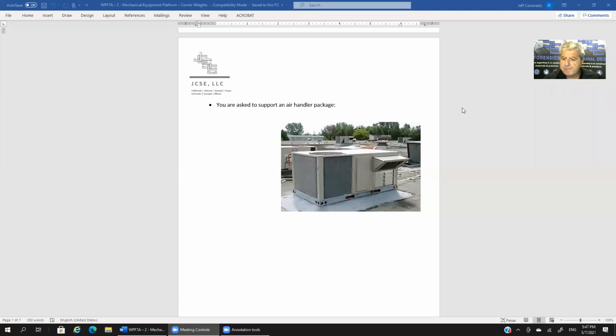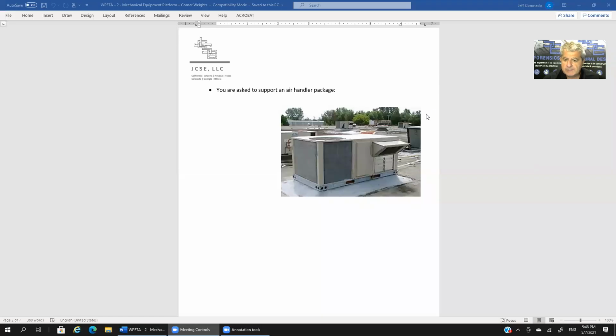So here we have a fairly standard looking air handler on a rooftop, right? Let's just say you're a structural engineer and you need to support this equipment.